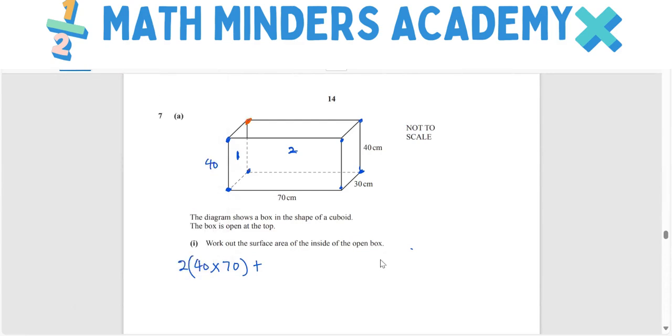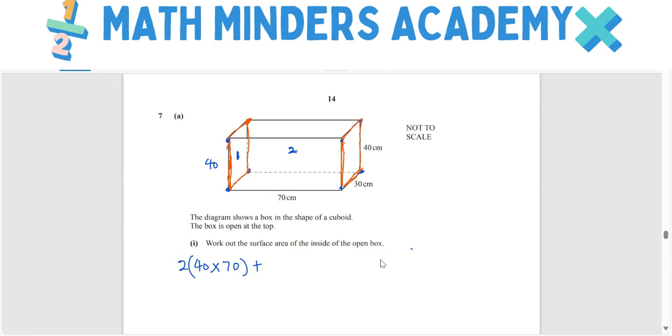This one here, this shape here, this rectangle here, the area of this and the area of this one here, they are the same, okay? So we'll double this area.